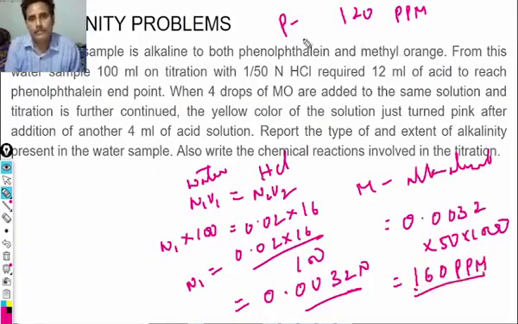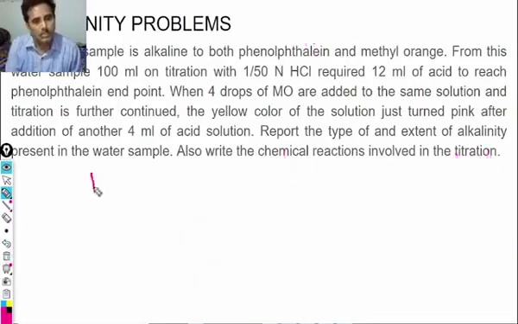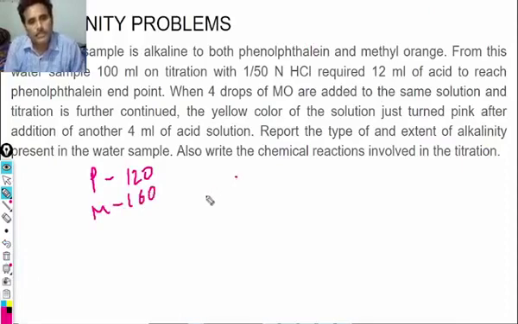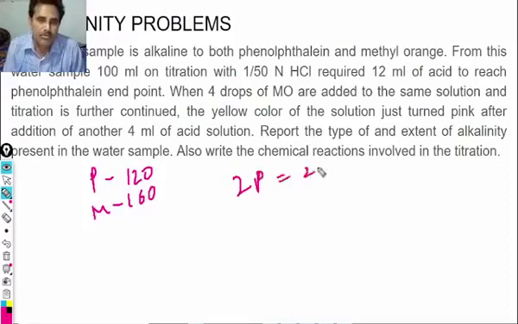So then methyl orange alkalinity is 160 ppm. If you see the relation, here P alkalinity is 120 and M alkalinity is 160. Suppose 2P equals 240; is 2P equal to M?